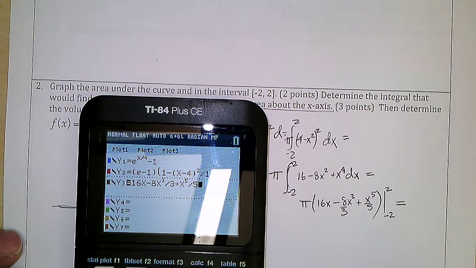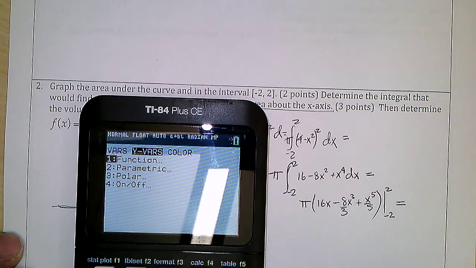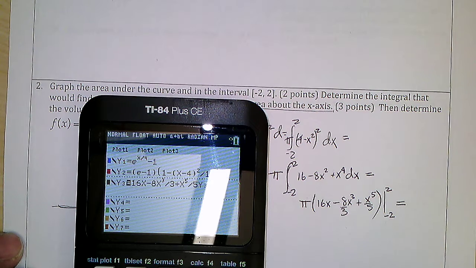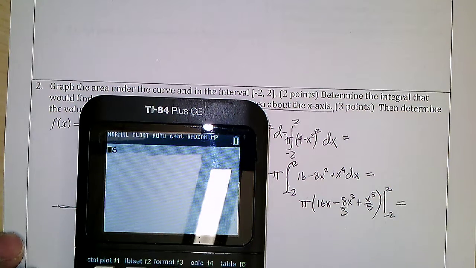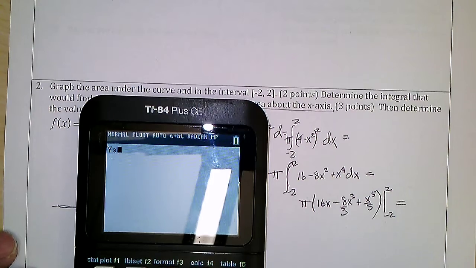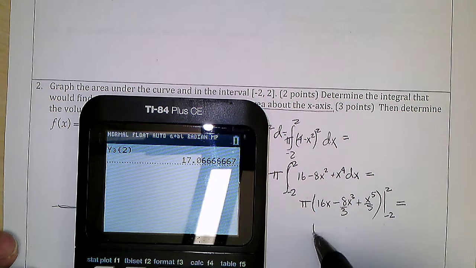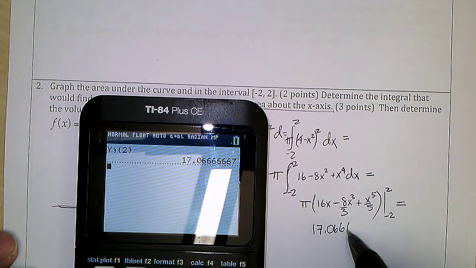Now I can go to value. There's a bunch of ways I can do that. One way, I'll do it this way. Second, I'll go to vars, y variables, y3. Oop, I don't want to put it there. Delete. So I'm going to go to my home screen and go vars, y vars, function 3. Put in 2. And when I put 2 in, I get 17.0666 repeating.